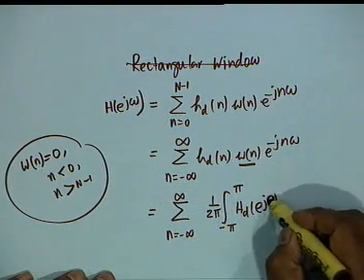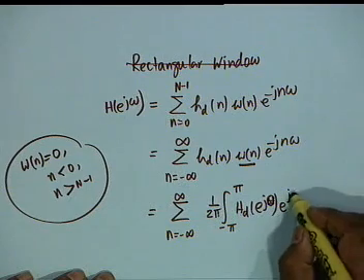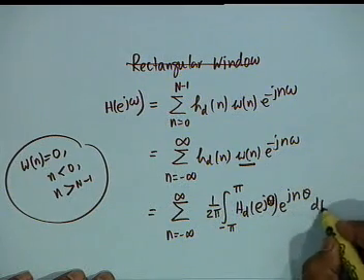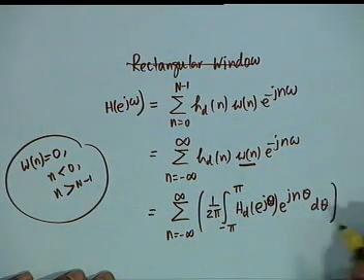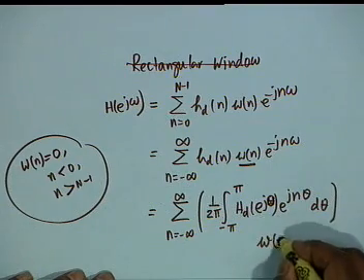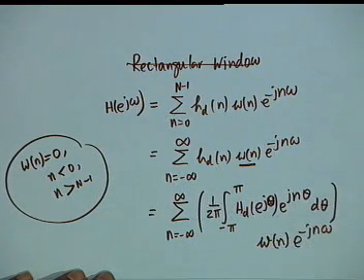So let us change the variable to θ. It does not matter, because we are going to integrate with respect to θ. So this is h_d[n] multiplied by w[n], then e^(-jnω). Please distinguish between w and omega.